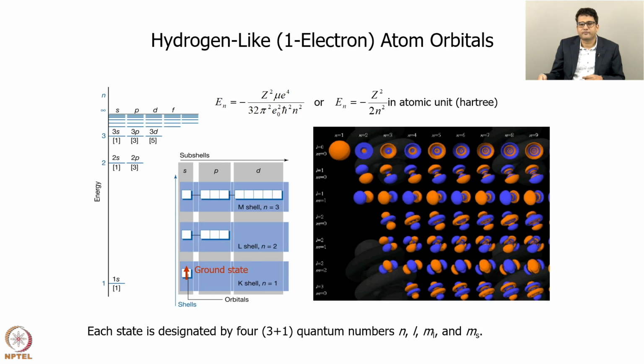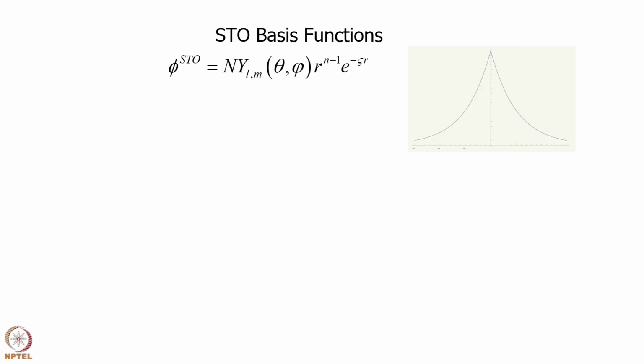Now my hydrogen atomic orbitals, as we discussed in the first week, are actually Slater type orbitals. So this has the form where this is the pre-exponential part, this is the radial part, this is the angular part, and N is the normalization constant. If I plot it, this is how the plot will look. The first thing is that the Slater type function has the correct cusp behavior.